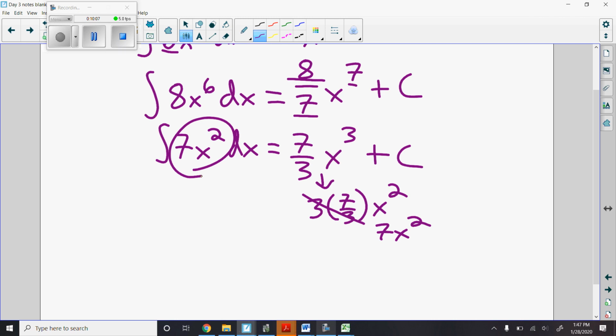Now, let's write a rule here in terms of a's and n's, so it's a little bit more generalized.